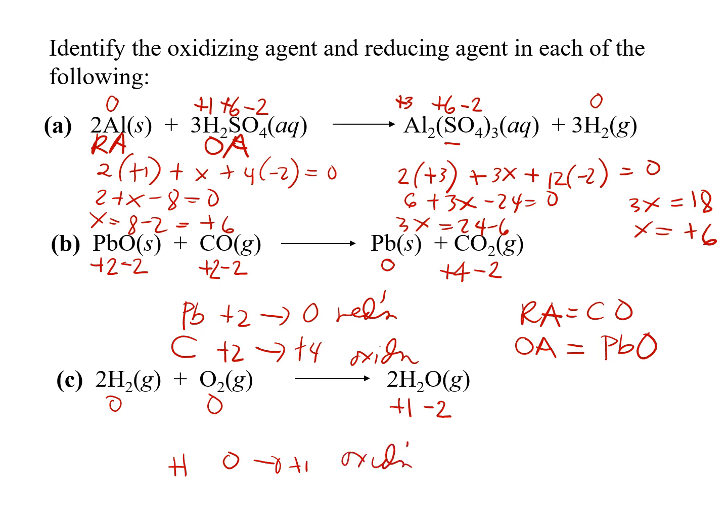And our oxygen goes from 0 to -2, that is reduction. The one that undergoes oxidation is our reducing agent, and that is hydrogen. The one that undergoes reduction is our oxidizing agent, and that is O2. All right, so that ends part 1 of this discussion.